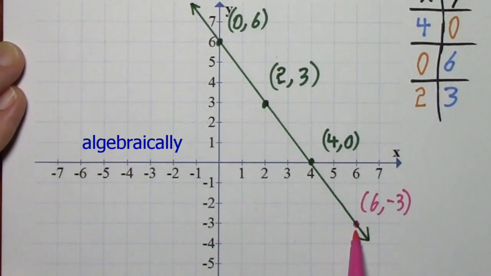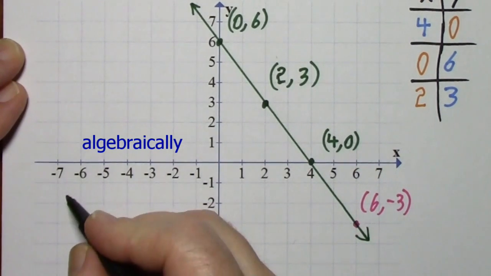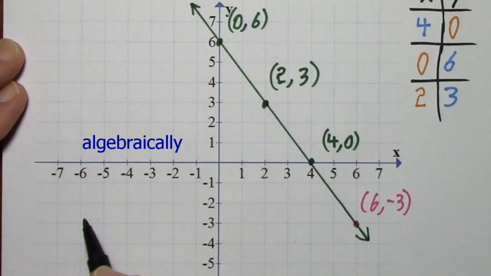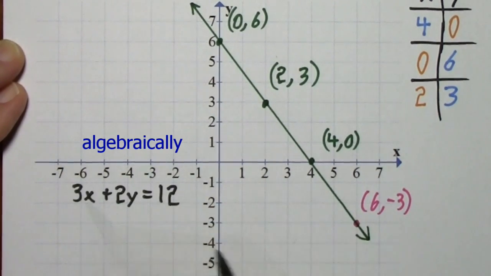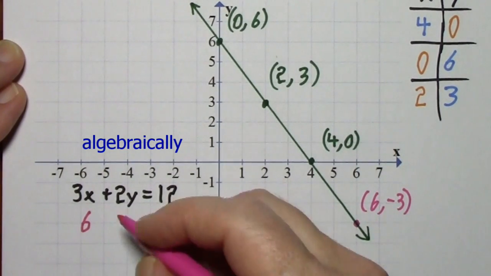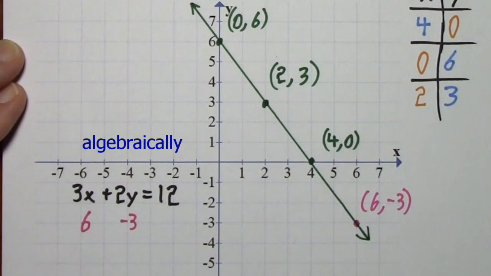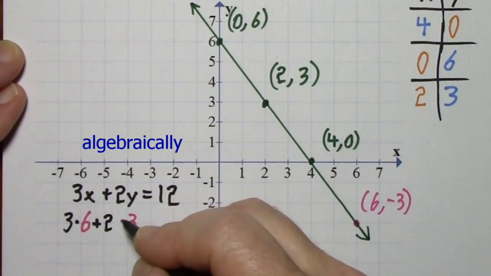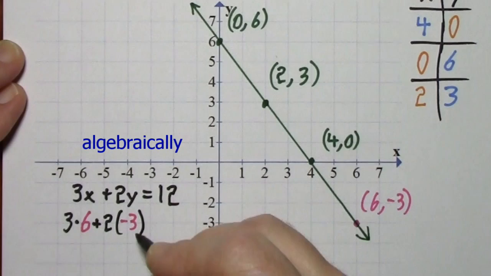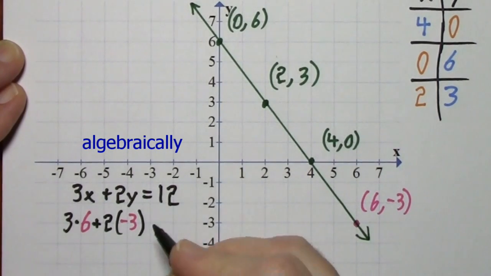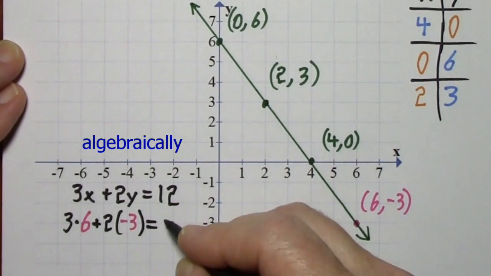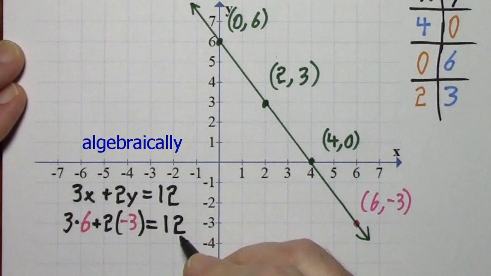I can also check this value algebraically. I'll start with our original equation. I'll just do some scratch work down here. We know this to be a true statement, but if we plug in a 6 for x and a -3 for y, here I'll use parentheses since I have a negative value, is this equal to 12?